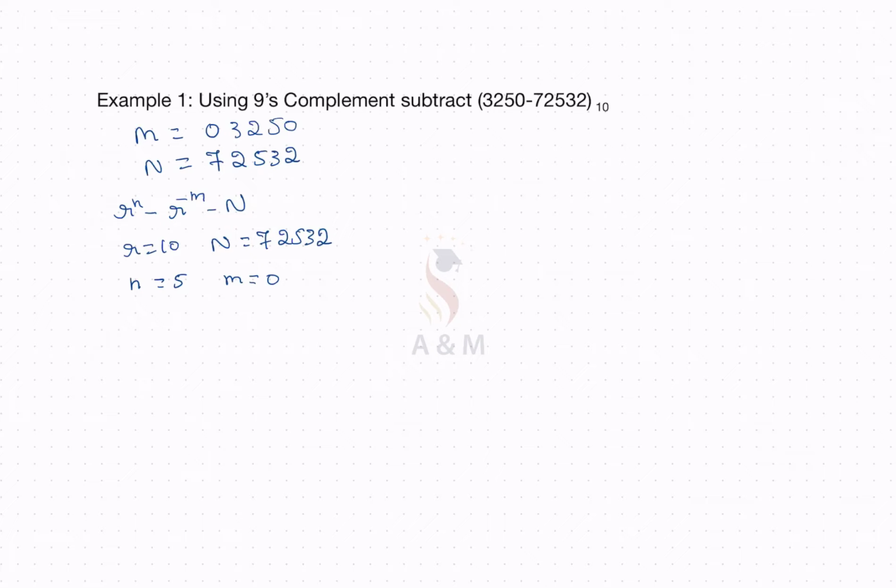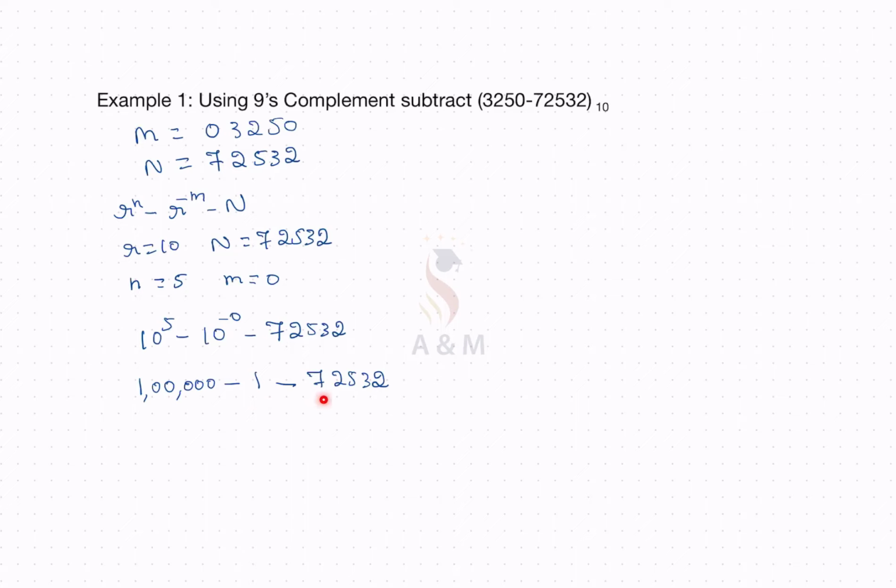Now substitute these values into the formula r to the power n minus r to the power minus m minus N. We get 10 to the power 5 minus 10 to the power minus 0 minus 72532, which is equals to 100,000 minus 1 minus 72532. 10 to the power 5 is equals to 1 lakh, 10 to the power minus 0 is equals to 1 by 10 to the power 0, which is equals to 1 by 1, we get 1.